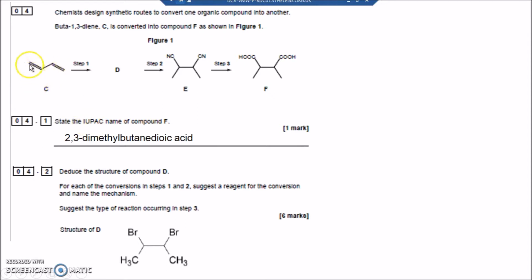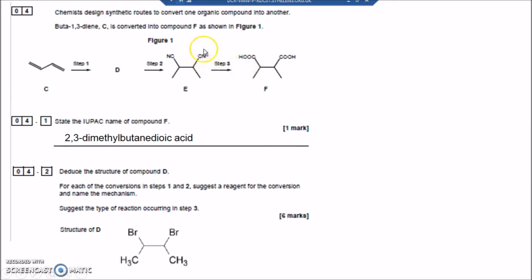So HBr by electrophilic addition is the reaction here to make 2,3-dibromobutane, which is D.